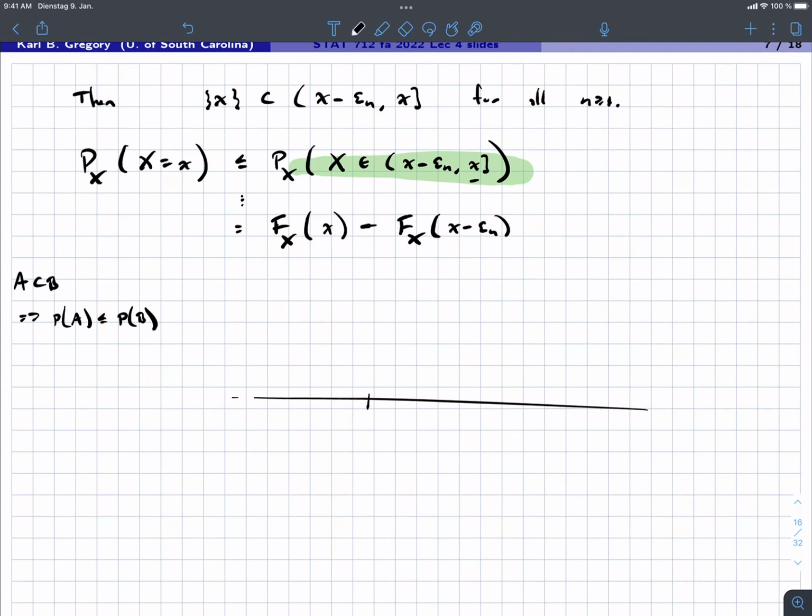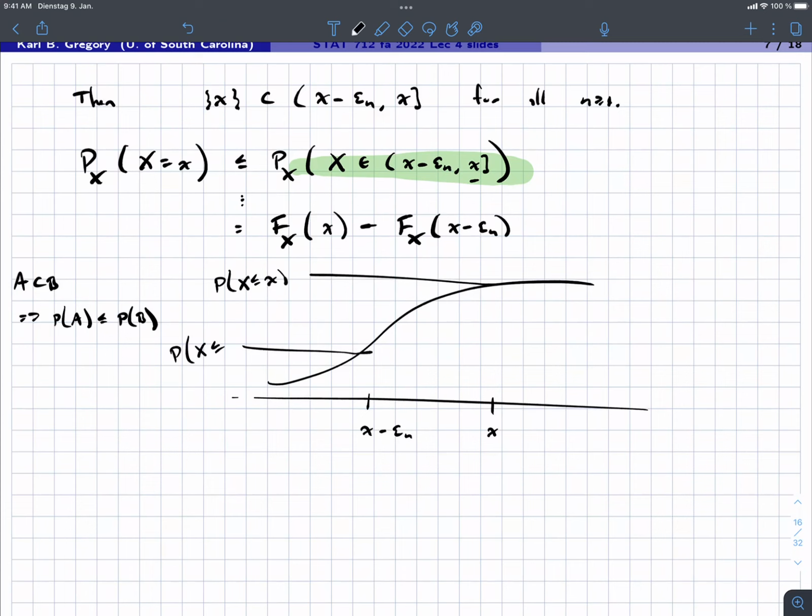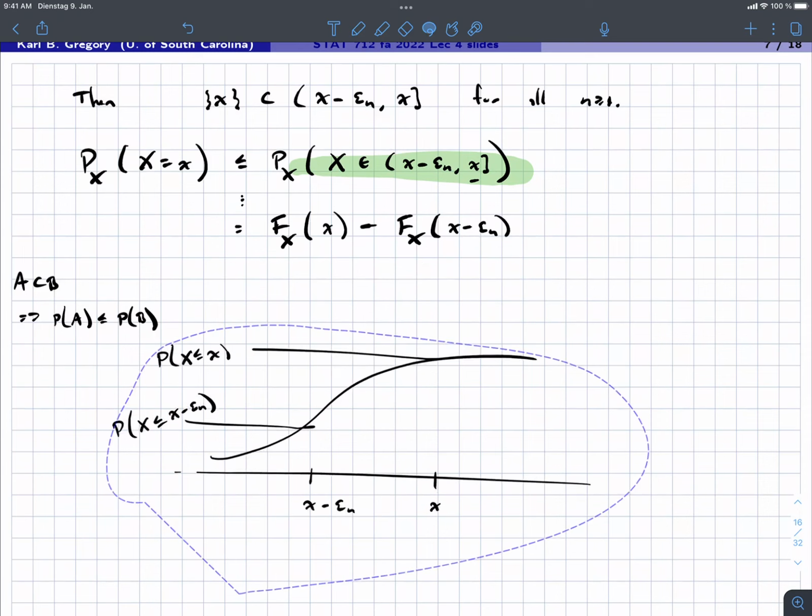So imagine here's x minus epsilon n, here's x, we have some CDF, and the height here is the probability that X is less than or equal to little x. The height here is the probability that X is less than or equal to x minus epsilon n.